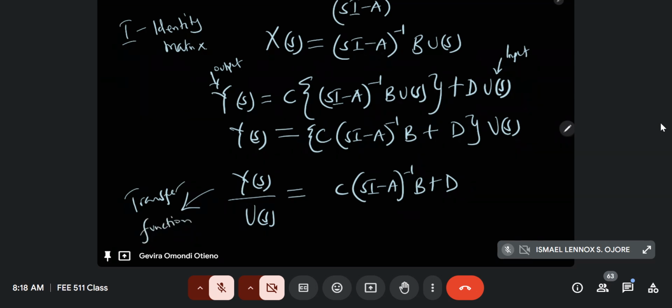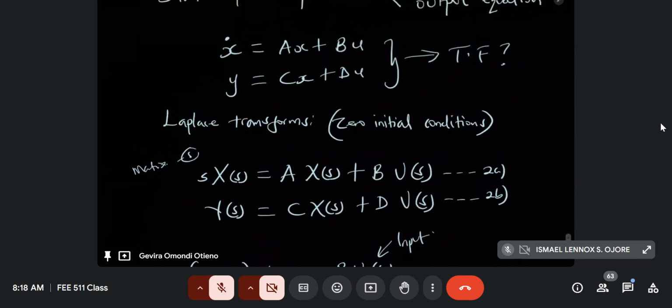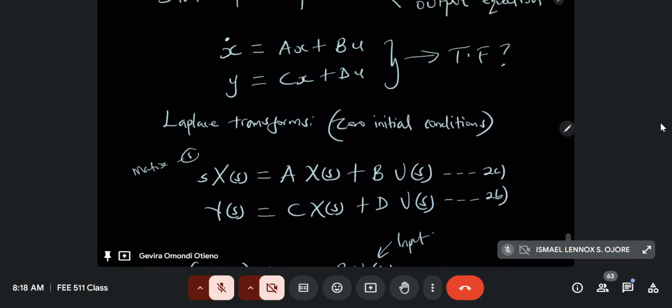So typically, whenever you are given some state space representation, remember, the state space representation will consist of the matrix A, B, this is the state matrix, you've got the input matrix, you've got the output matrix, and then of course D, sometimes it's there, sometimes the transformation matrix is there, or sometimes it's not there.